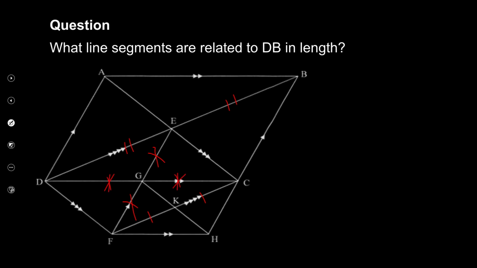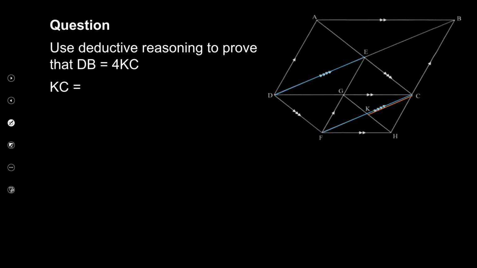We can do equality with a lot of things here, but for now, they don't really matter much because we are going to use KC. So in color, look at what KC is. KC is half of FC.